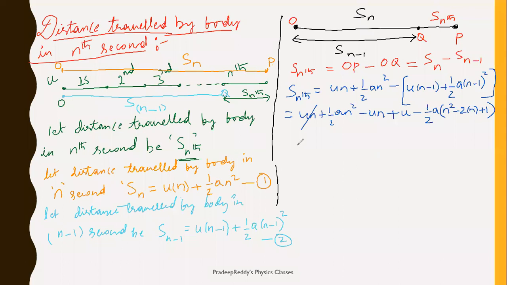un gets cancelled. The leftover will be u plus half a n square minus half a times n square minus 2n plus 1. From these two terms you can take half a common.